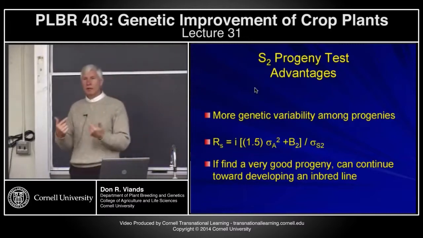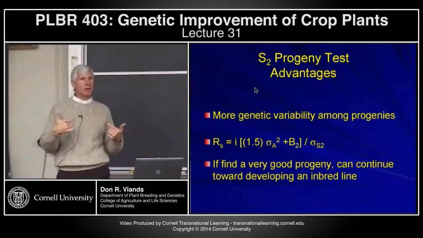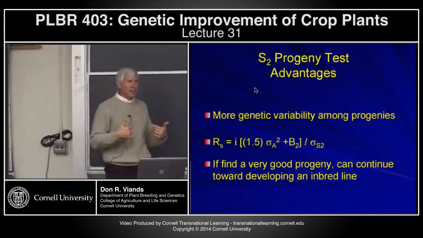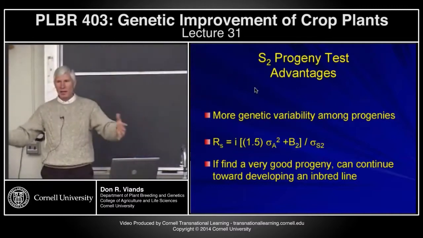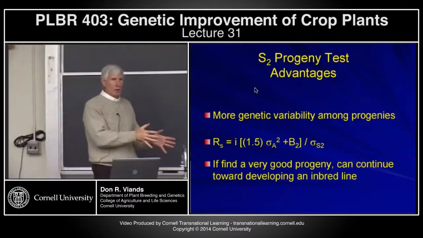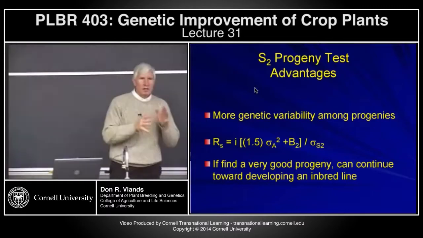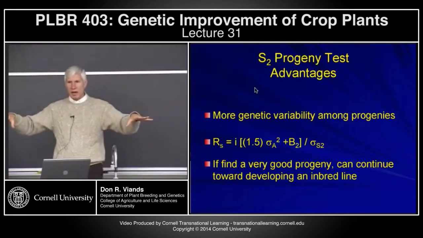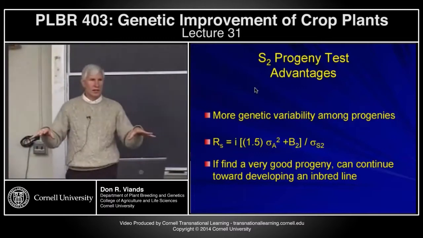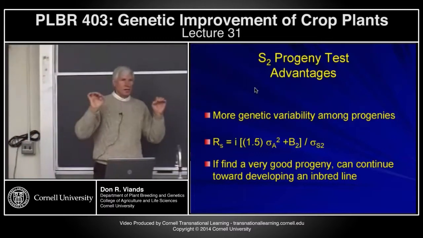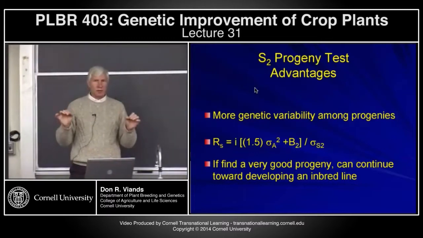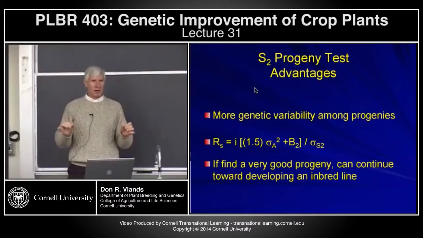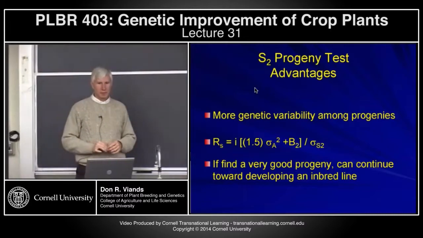And that can be a real advantage, especially if you have a very low heritability for a trait, to actually create more variability among the units that you're evaluating. The more genetic variability you have among the units you're basing your selection on, the more chances you'll be successful as a plant breeder of identifying the superior genotypes.